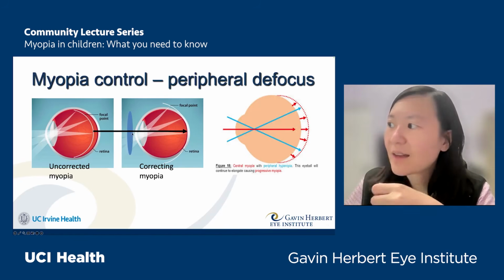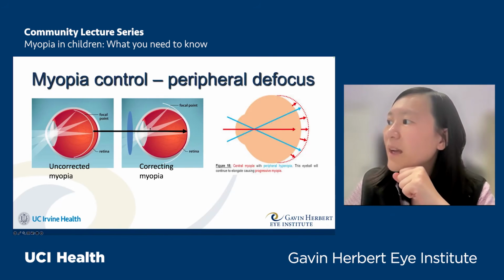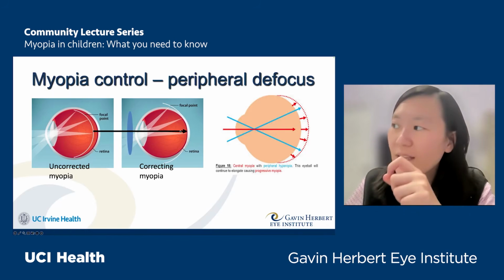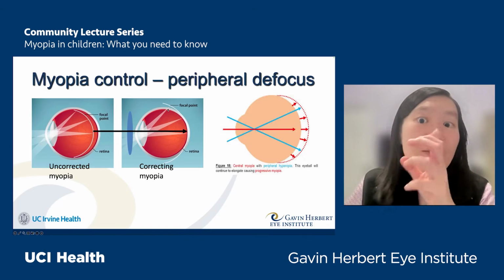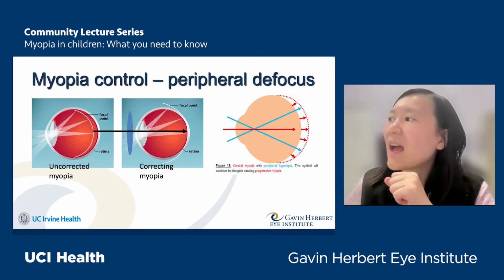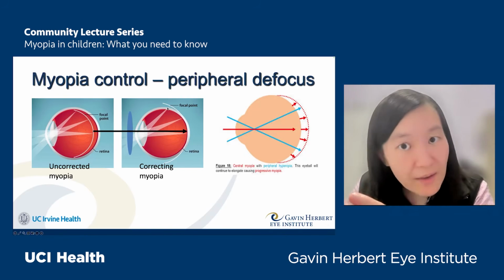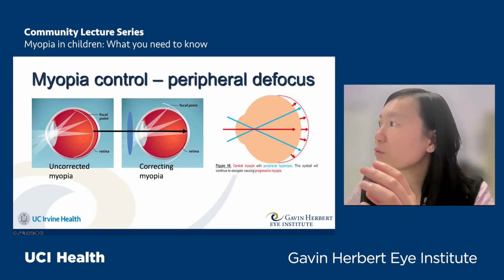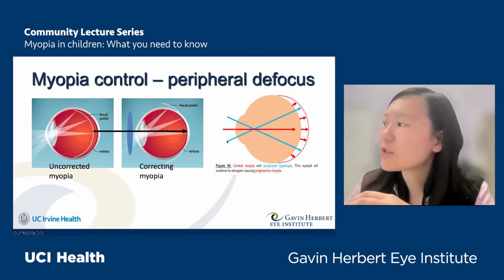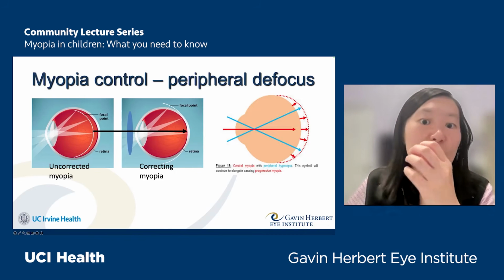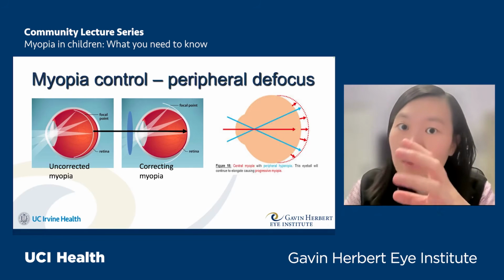The glasses itself is too strong for the kid, and so yes, they can see clearly when they're looking at something, but when you're going out to the periphery, you're actually focusing outside of what you really need to be. And the idea is this kind of peripheral defocus stimulates the eyeball to grow. So the eyeball wants to grow to be able to focus in the periphery as well. It gives you a drive to make your eyeball grow longer, which is the reasoning behind myopic progression.